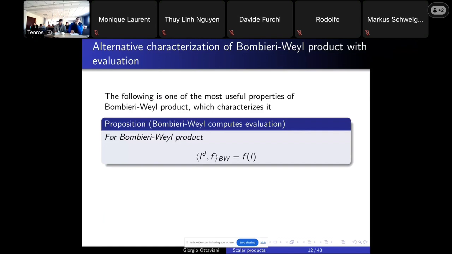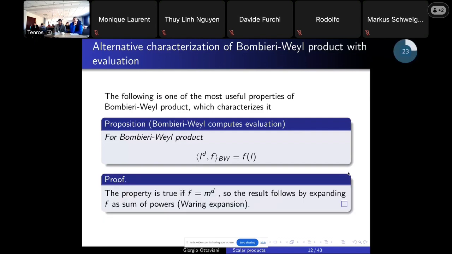Let's do a proof. So the proof is nice. It's just 2 lines, you see.